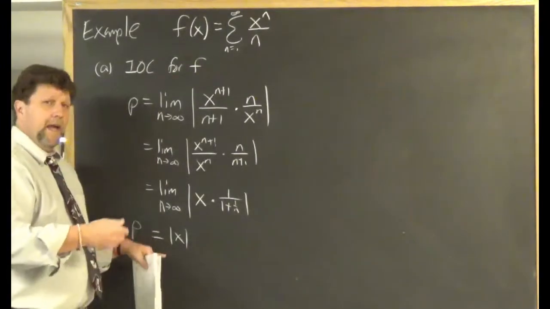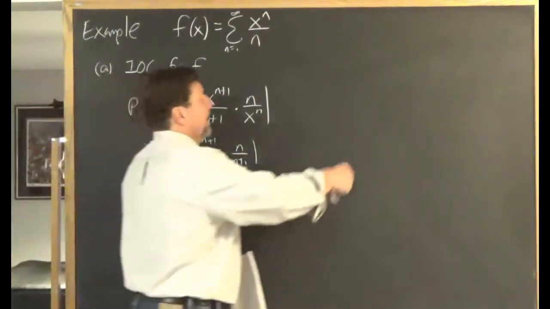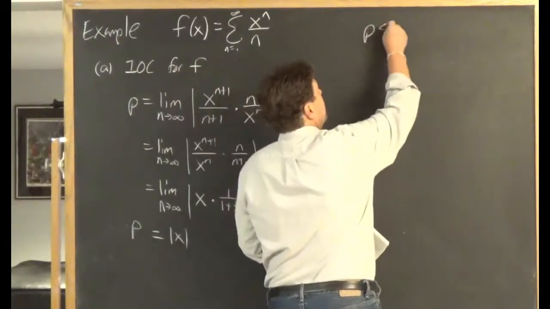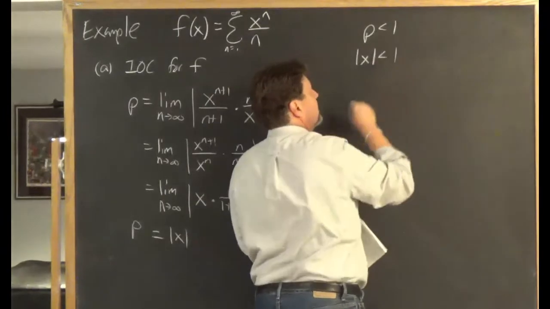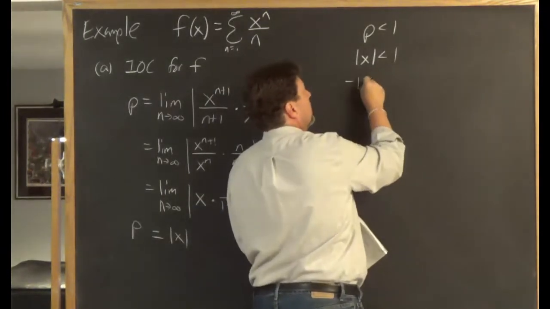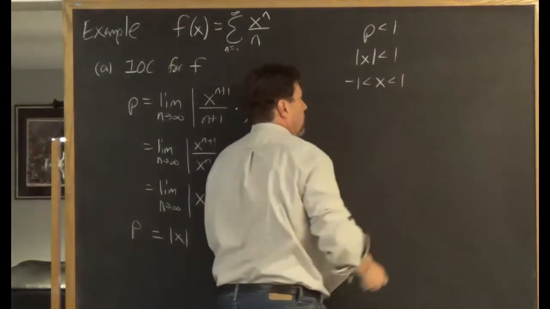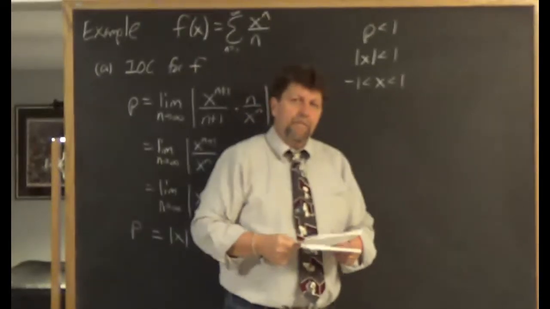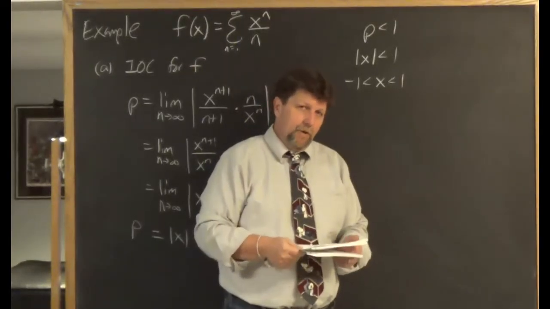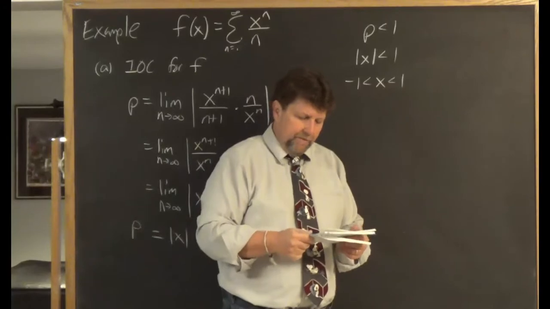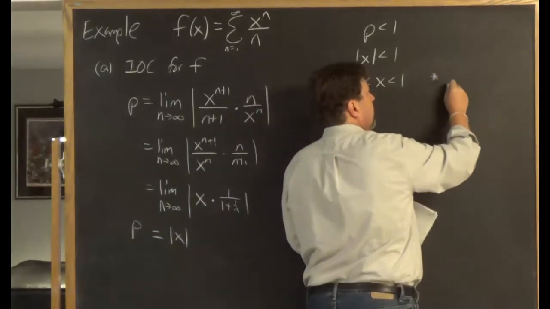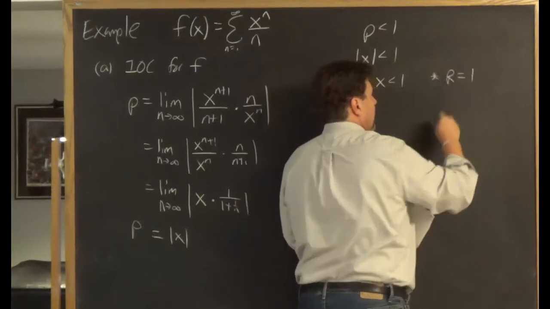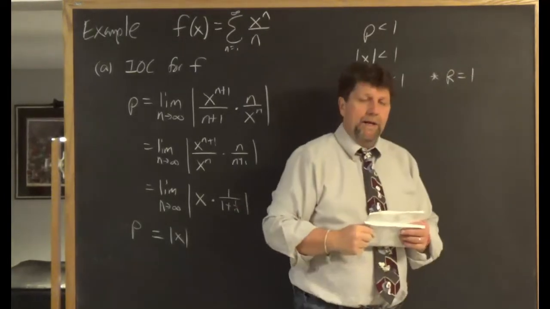So we know we have convergence with the ratio test when rho is less than 1, that's when absolute value of x is less than 1, which gives us that compound inequality, -1 less than x less than 1. So just going to make a note right here, I know my radius of convergence is 1.